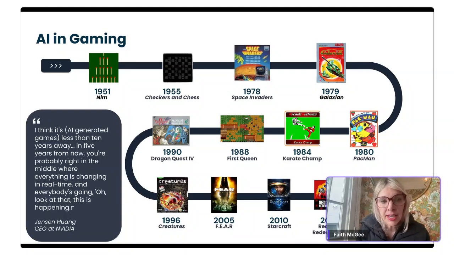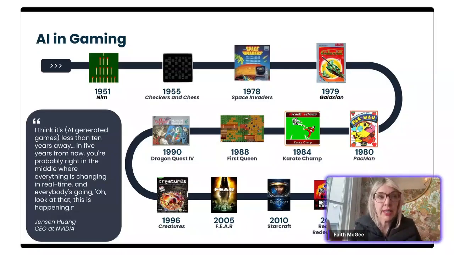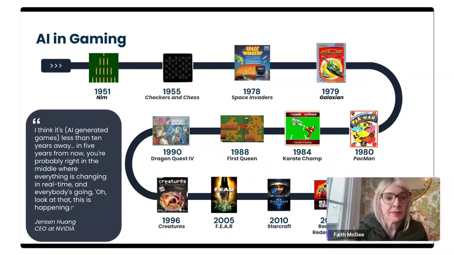And then the most recent games have really pushed the envelope in terms of Gen AI, being able to produce new worlds, like in games such as Oasis, and games that allow non-playable characters to interact with you and create dialogue in different ways depending on what you're doing. It's getting to be more immersive and more realistic.